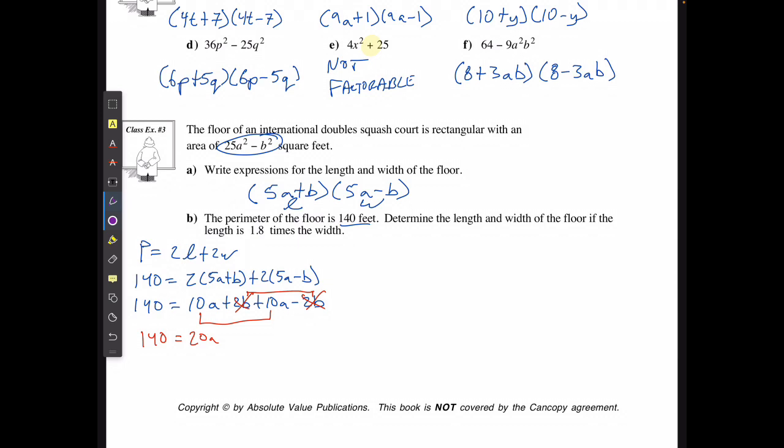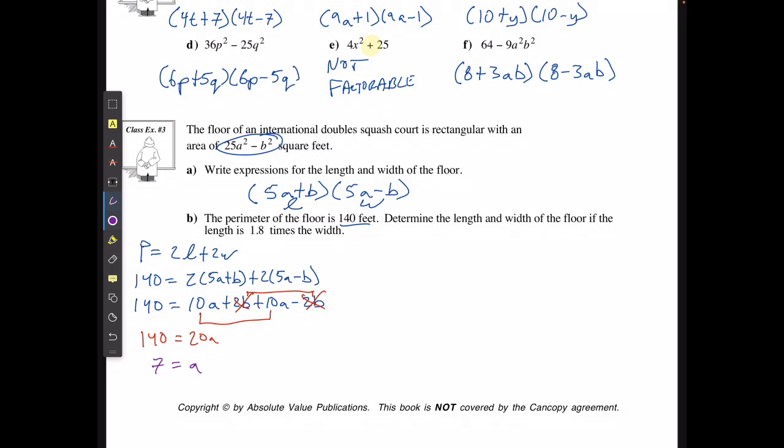If 140 is equal to 20a and I divide both sides by 20, then 7 is going to be equal to a. So I figured out what one of the variables is, but I don't know what my b is yet.